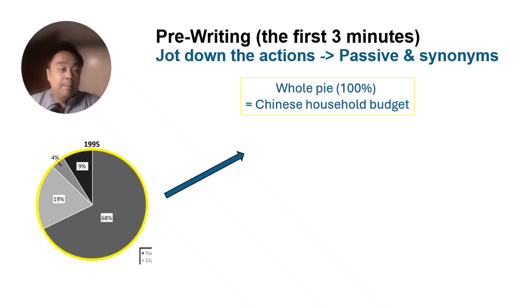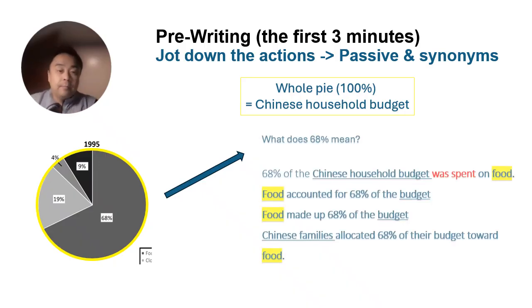So over here, the whole pie, 100%, represents the Chinese household budget. Once we understand this, we have to figure out what does each percentage slice mean. 68% means the proportion of the Chinese household budget spent on food. I'll let you pause this to take a look at the other sentences.